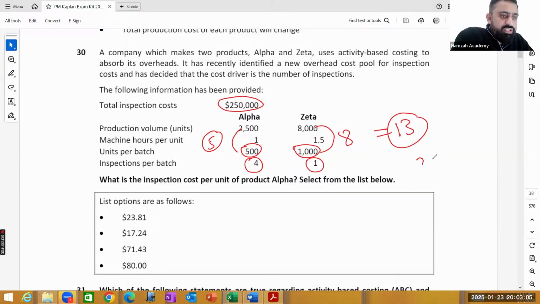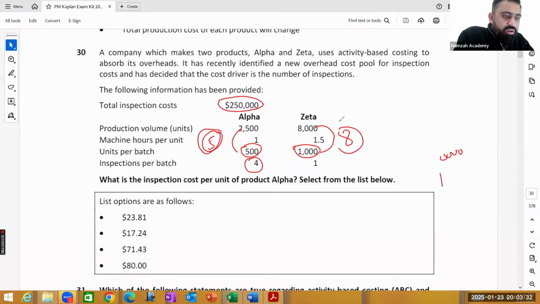Now the total inspection cost is 2,50,000 divided by the batches. Okay, the 5 are the batches for alpha and 8 for beta.